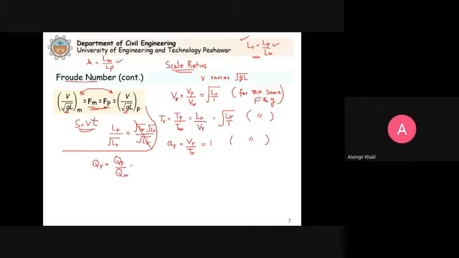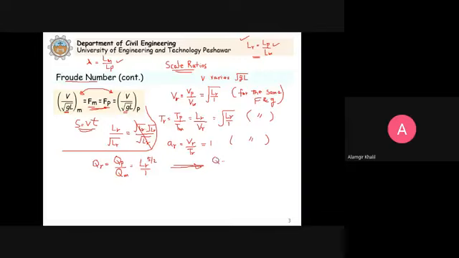Now we already know that Q is equal to A into the velocity. So this will be equal to LR 5 by 2 divided by 1, because we consider G as the same in the model and the prototype. Now how this ratio is 5 by 2, you can easily prove this. Clear?